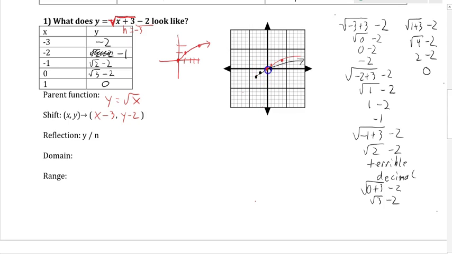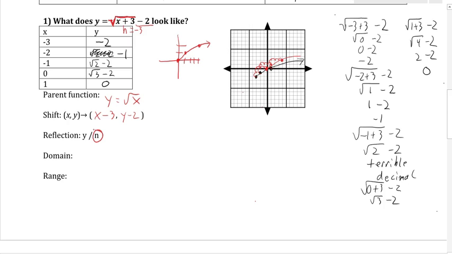If we take the point 0, 0 and we shift it left 3 and down 2. 1, 2, 3, 1, 2. Oh, hey, look at that. If we take the point 1, 1 and we shift it 1, 2, 3, 1, 2. If we take the point 4, 2 and we shift it 1, 2, 3, 1, 2. I get the 3 points I got by making the table. Which one is easier to do? Most people think the shifting method is a far easier method of graphing. Did we reflect it? No.